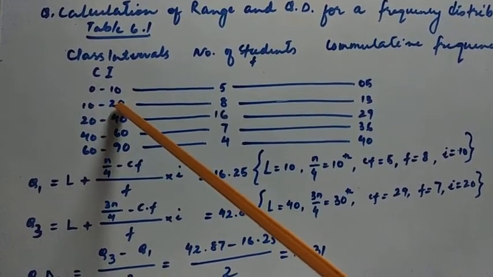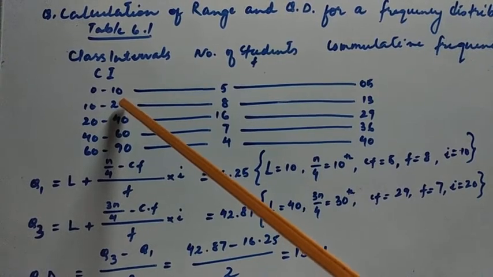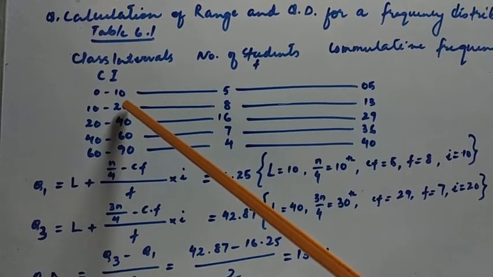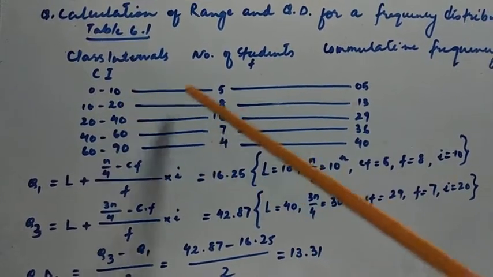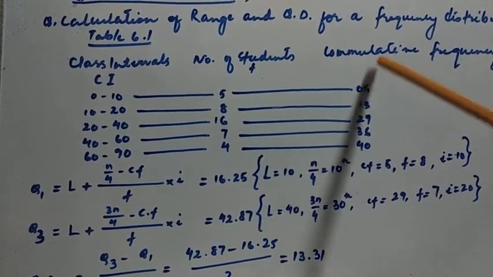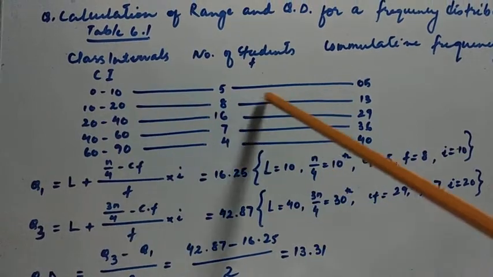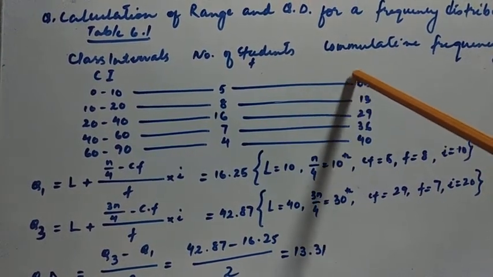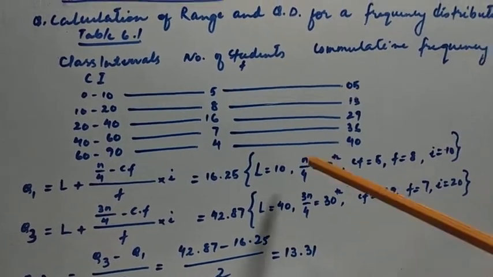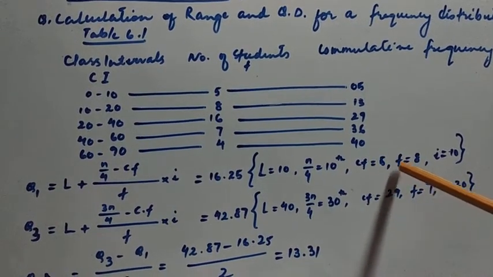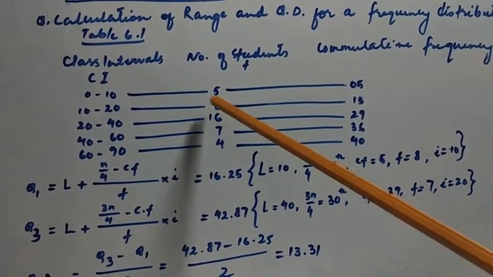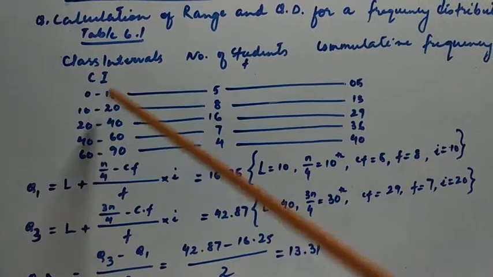CF is nothing but the cumulative frequency value preceding this class interval. The preceding cumulative frequency is 5, so we get CF as 5. And what is F? F is the frequency corresponding to this class interval.